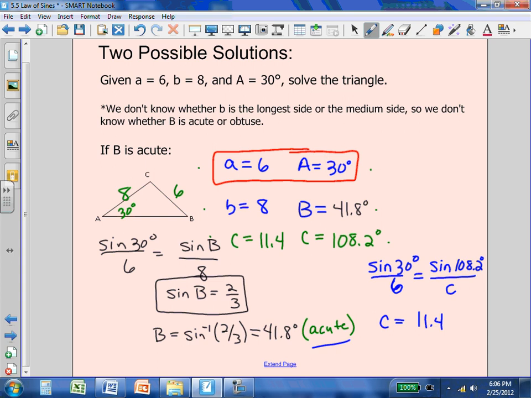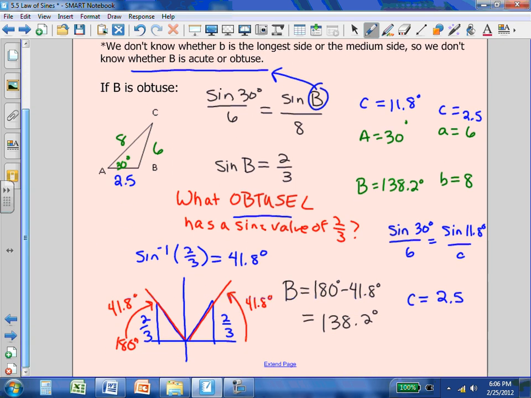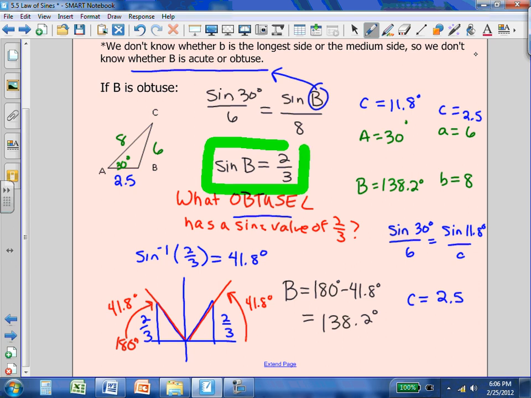Then you need to start over again, and really, honestly, you can start at this situation, this spot right here. That's where things start to go crazy, because then we start using the inverse sine. It gives us the acute.